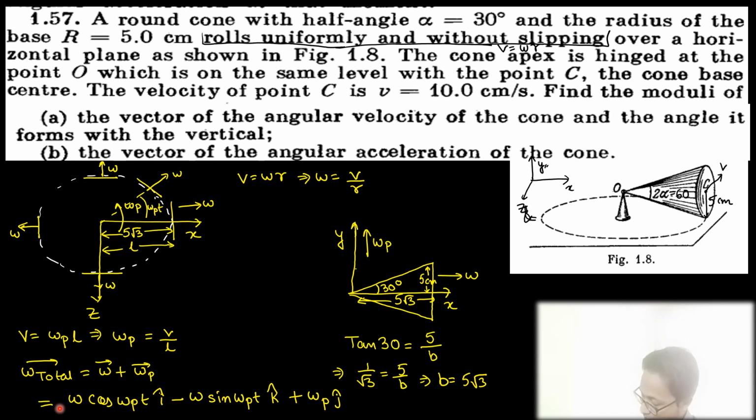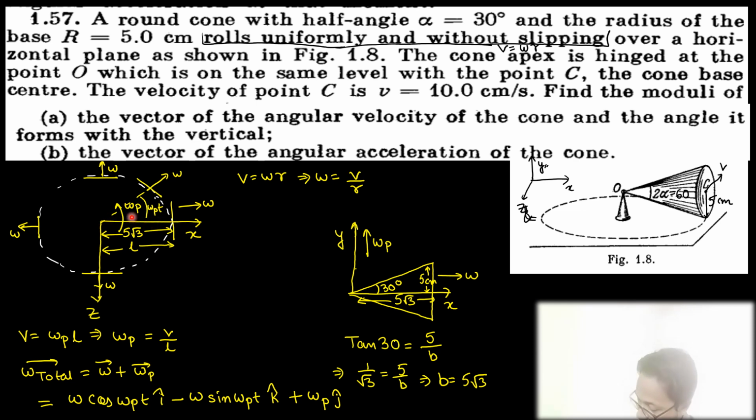And the angle it forms with the vertical. What does this vector form with the vertical? The vector it forms with the vertical is this vector, and this vector will keep revolving around this axis. See, this omega will change with respect to time. So although the resultant vector is in this direction, this vector would rotate in this circular orbit with respect to time, similar to what happens with centripetal acceleration.